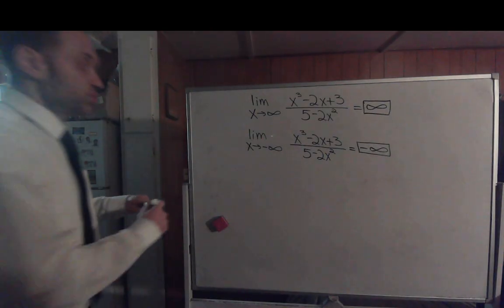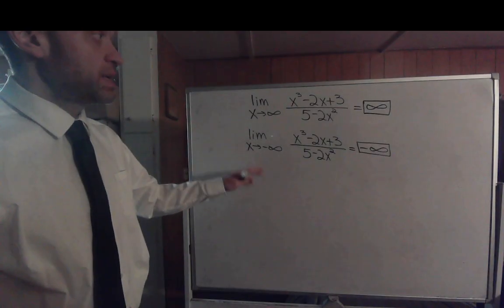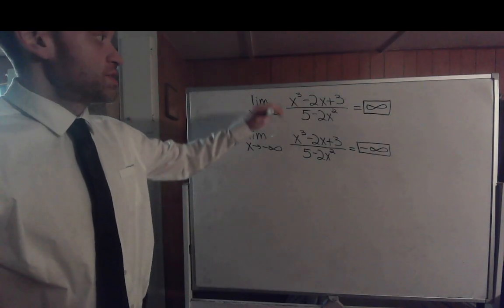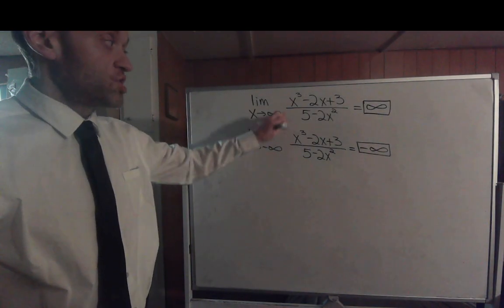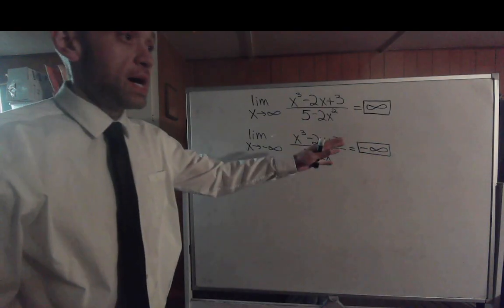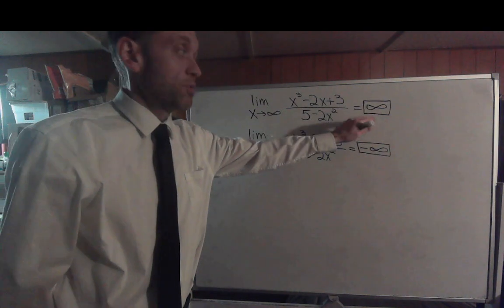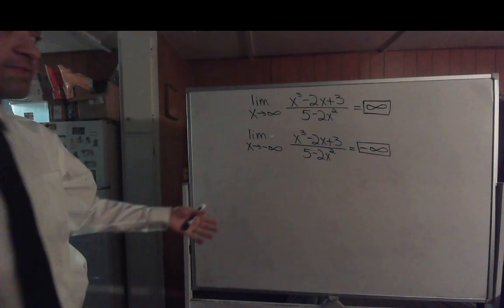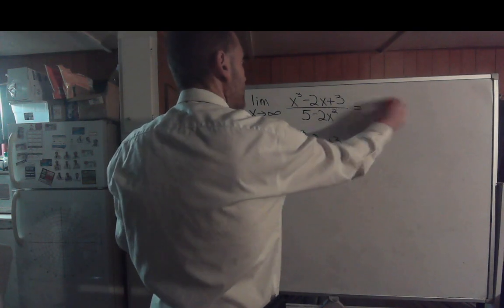Well, now let's change this a minute here. I think we can see that because the numerator has a degree of 3 on each of these, that's why the limits are positive and negative respectively. What if I decrease the degree by 1?